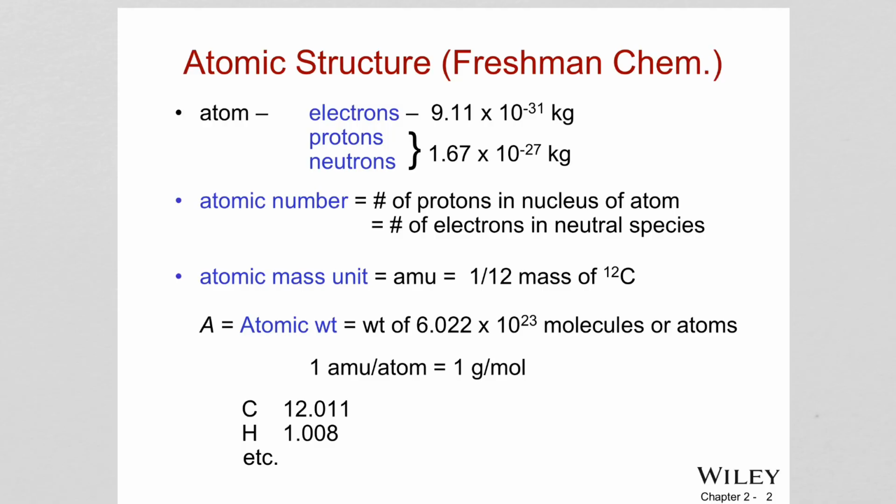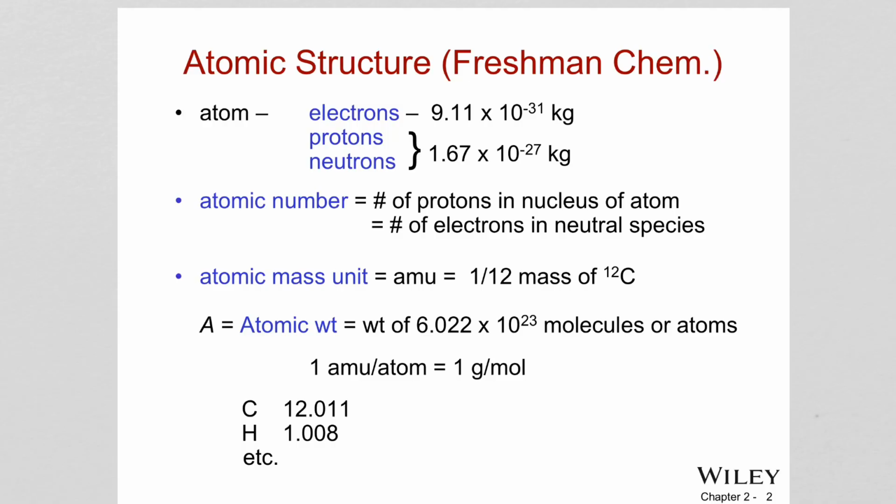And we know protons are positively charged, electrons are negatively charged, and masses for these particles are extremely small and given in this slide. Electrons are 9.11 times 10 to the power of minus 31 kilogram. Protons and neutrons have a similar mass, 1.67 times 10 to the power of minus 27 kilogram.